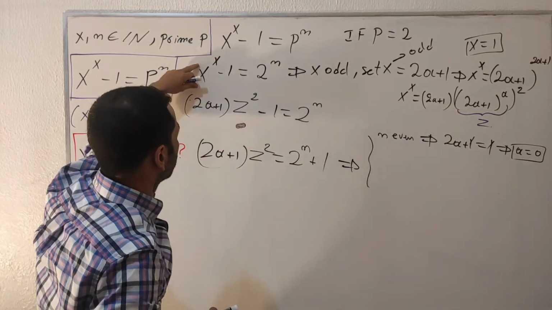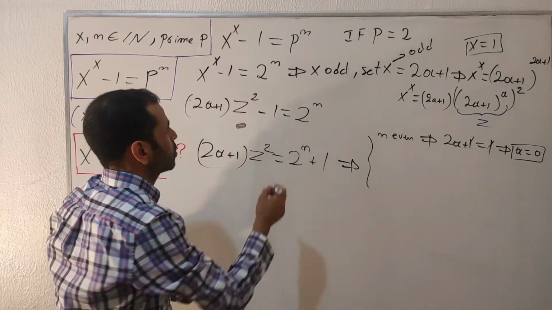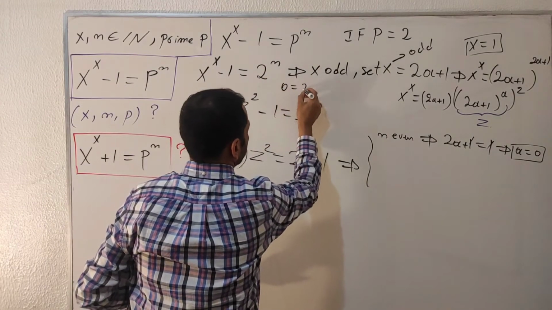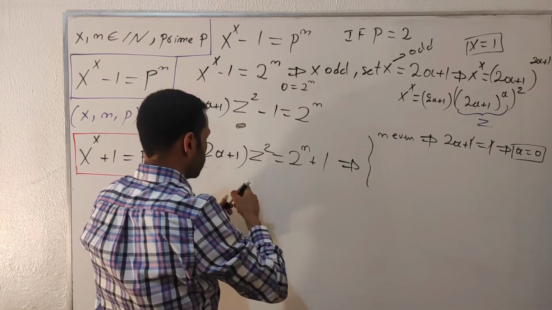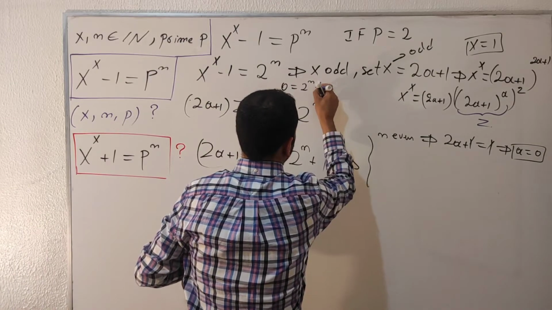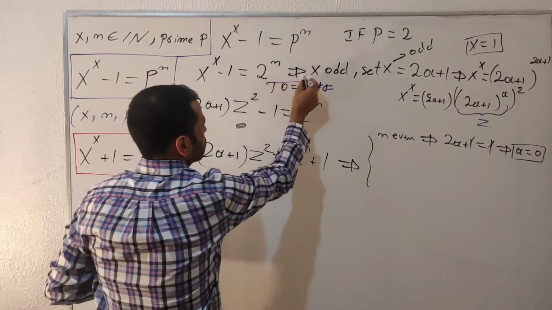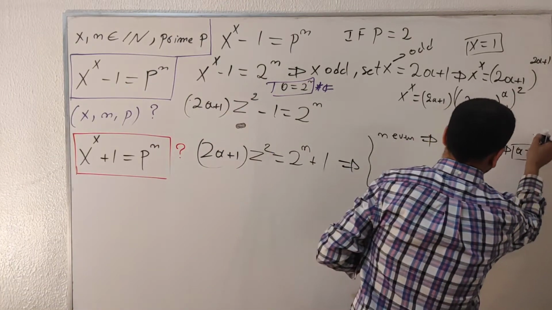Which means I get 1 minus 1, which is 0. 0 equals 2 to the n, which is impossible, since n is a natural number. So this is clearly a contradiction. Which means this case is impossible.